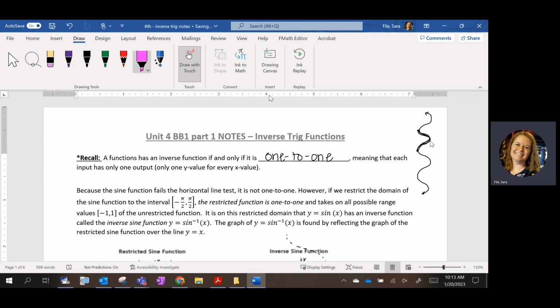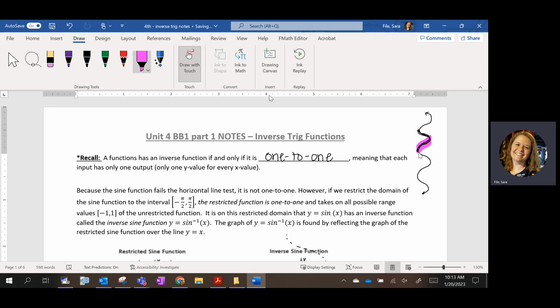To get a piece that would not repeat, a piece that would pass the vertical line test, I could only go from here to here, like from a maximum to a minimum, half a cycle. Y'all see that? So it's half a cycle that would pass the vertical line test.